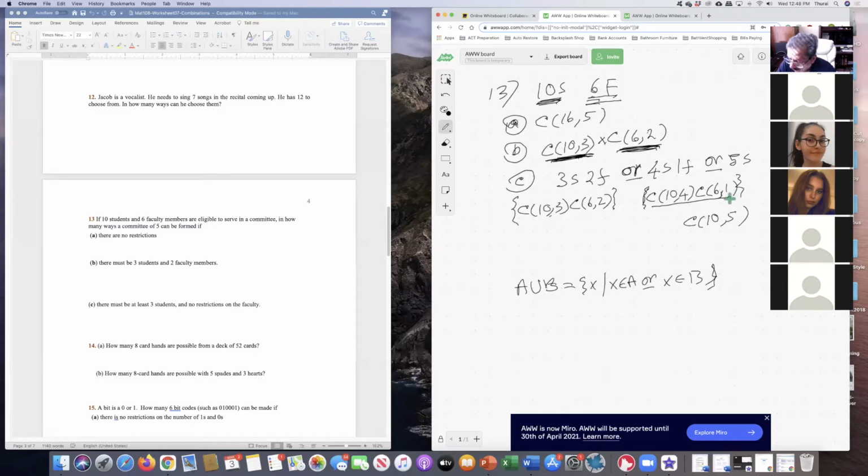This is a count of how many different such committees there are. But we are actually combining all of the different committees with 3 students and 2 faculty with all of the committees with 4 students and 1 faculty. So that's union, really. You're combining those different committees. So the count of A union B, if you remember, equals the count of A plus the count of B. And what else comes after that? Anybody remembers?